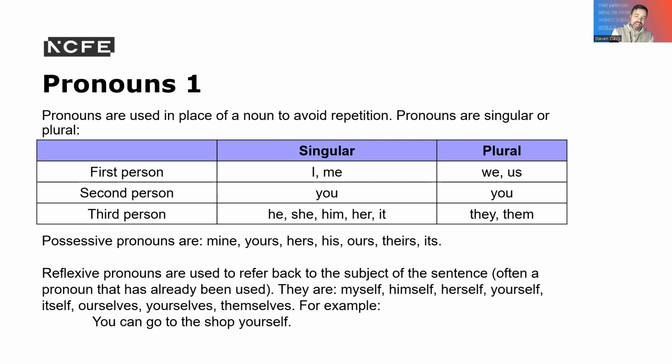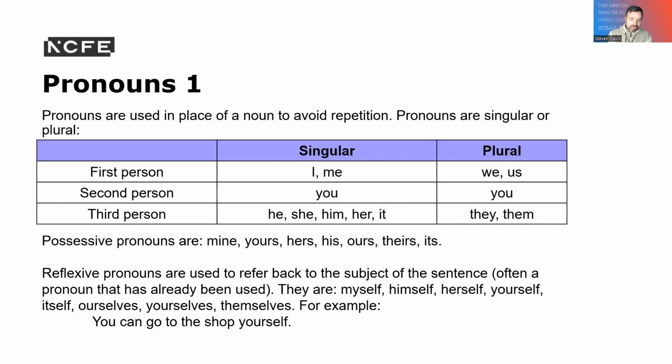Okay. In the second person, I would say you. And the plural was still you because there's no other plural for that one. And then third person, he, she, him, her, it. And the plural there is they, them. So possessive pronouns are mine, so the things that you own, mine or yours, hers, his, ours, theirs, its.